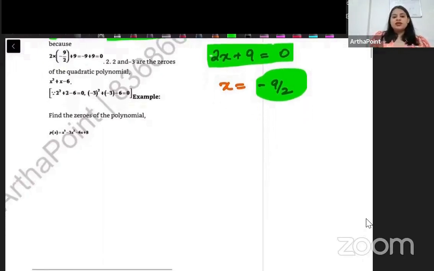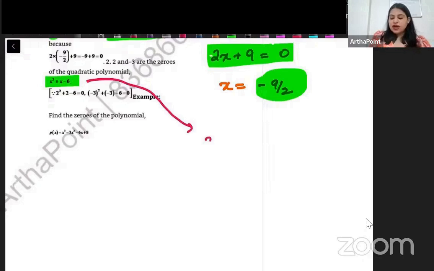Let us come to another example. This says find the zeros of the polynomial, and the example given to you is x square plus x minus 6. It says the 2 zeros of the polynomial are x is equal to 2 and x is equal to minus 3.